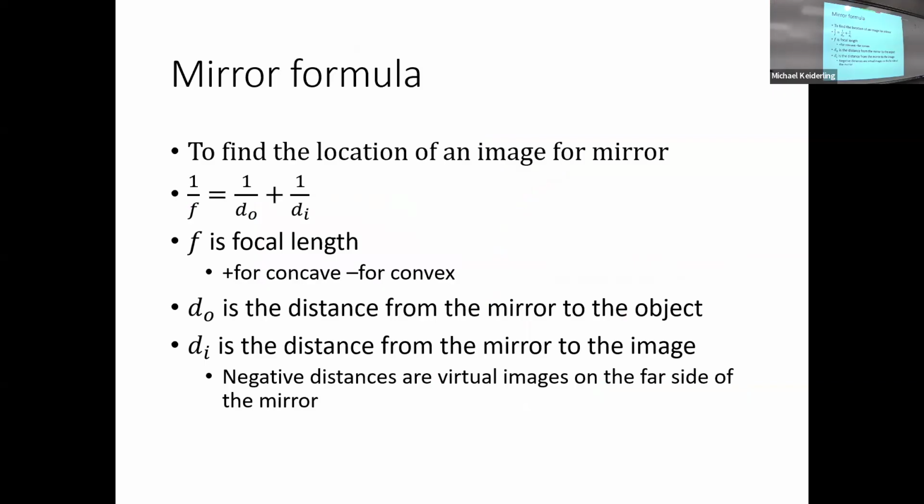DO is the distance from the mirror to the object. DI is the distance from the mirror to the image. Negative distances for DI are virtual images on the far side of the mirror. If DI is bigger than DO, the image is bigger than the object. If it's smaller than DO, the image is smaller than the object.